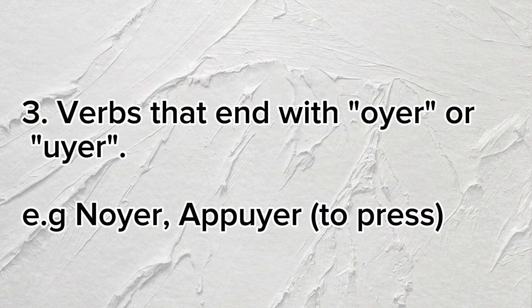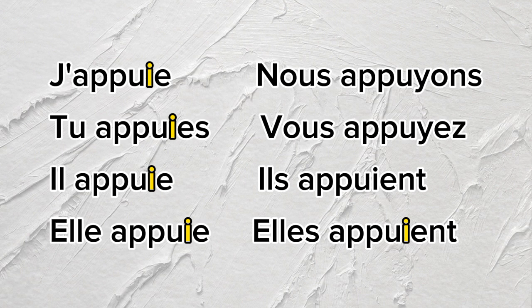Is that okay? The third exception will be with the verbs that end with OYER or UYER. Example, noyer, appuyer. The Y is going to change to I for all the pronouns except nous and vous. Let's take as an example appuyer, to press.